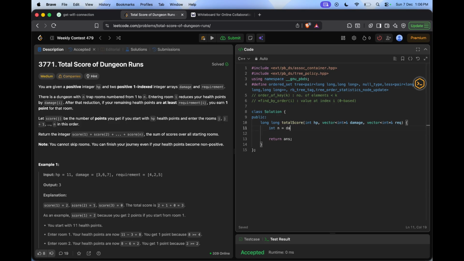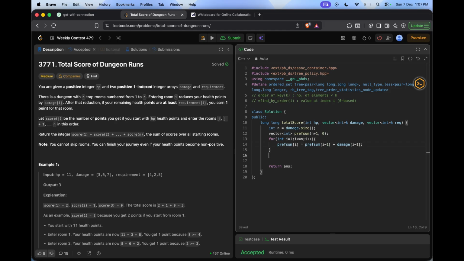So n is the size of our array, or the number of dungeons. Now create a prefix sum for damages as discussed earlier. Let's have one-based indexing for the prefix sum: prefix sum at I plus damage at I minus 1.